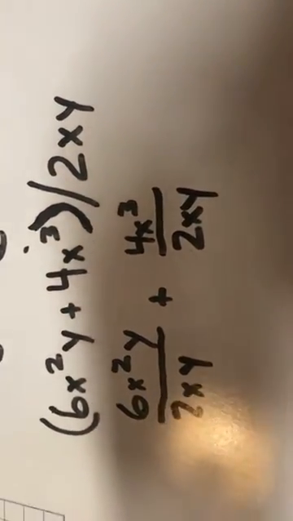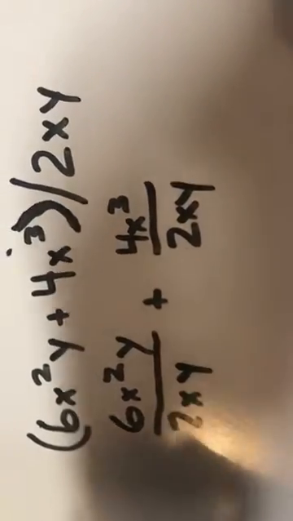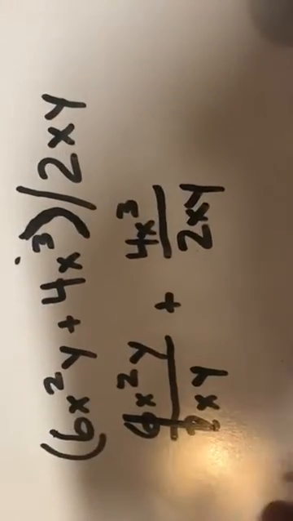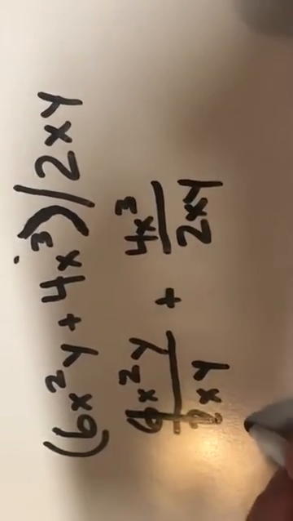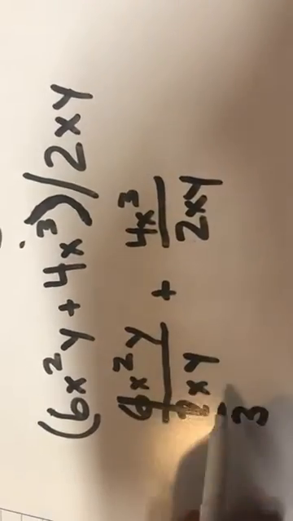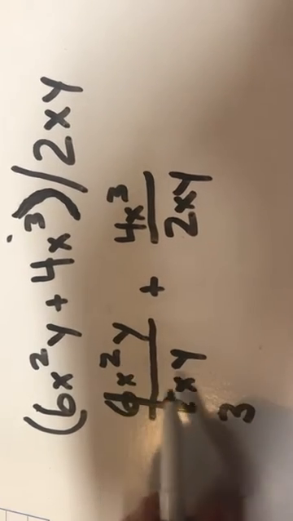Essentially, I look individually at what I can take care of. I look at 6 divided by 2. I can take care of 6 divided by 2. That becomes 3. Then I can look at x squared being divided by x. Remember, similar base numbers, okay?